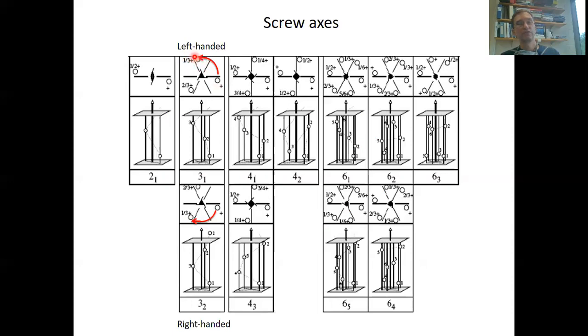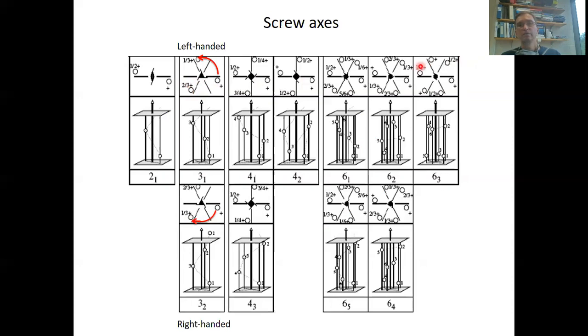Then we rotate further counterclockwise, and we also have to translate by another 1/3 of the unit cell parameter, which now overall gives 2/3. So relative to this atom it is rotated by 240 degrees and shifted by 2/3 of the unit cell parameter in the direction of the axis.